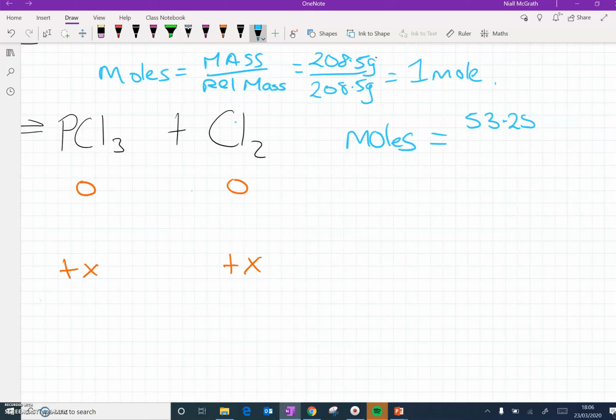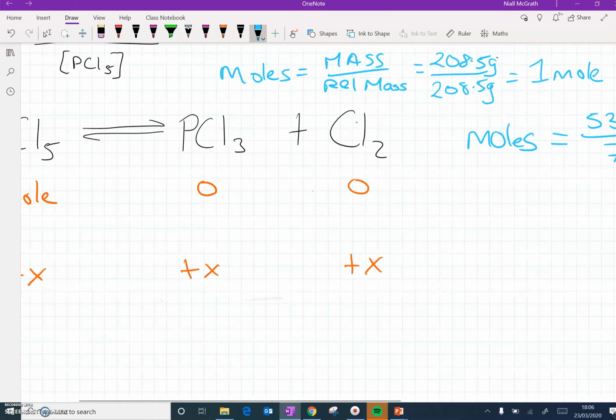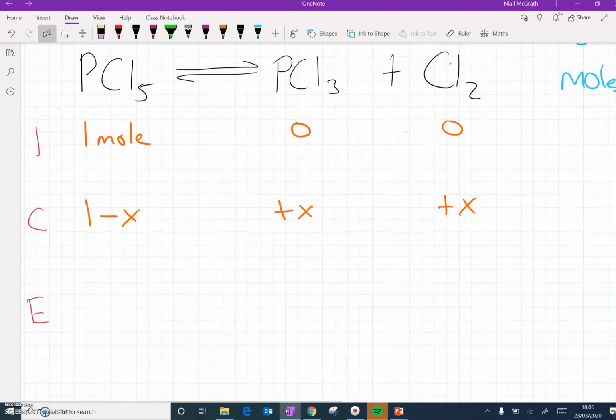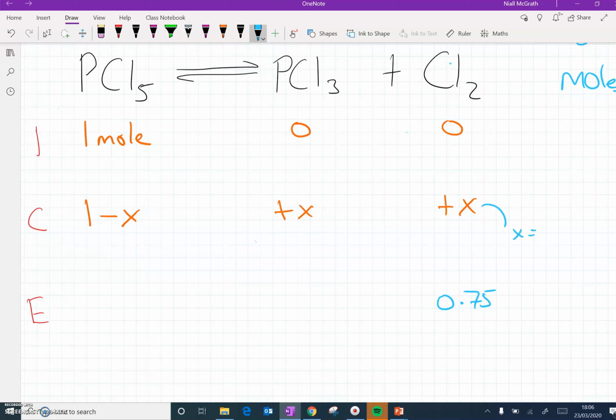We find that this Cl2 comes out to be about 71, so that means we have 0.75 moles at equilibrium. That means that this x is also equal to 0.75 moles.